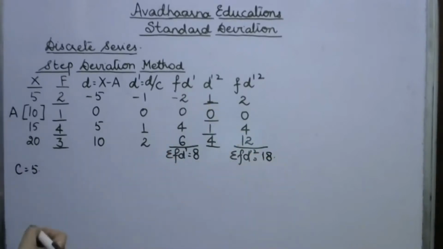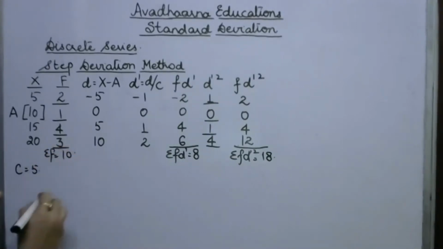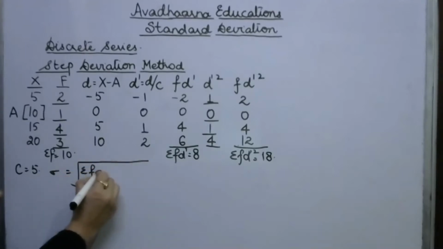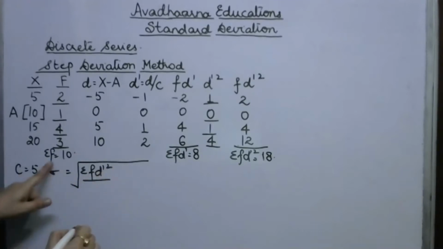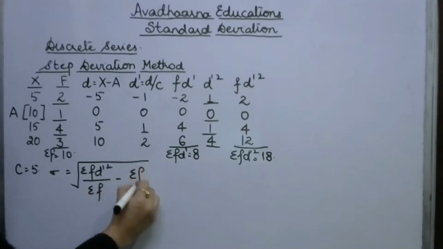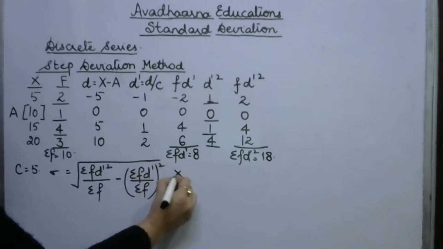Now let's substitute the values. Summation f is 10. Let's substitute the values in the formula to calculate the standard deviation. It is under root of summation fd dash square over n, you can write n or summation f itself, minus summation fd dash over summation f whole square, into c.